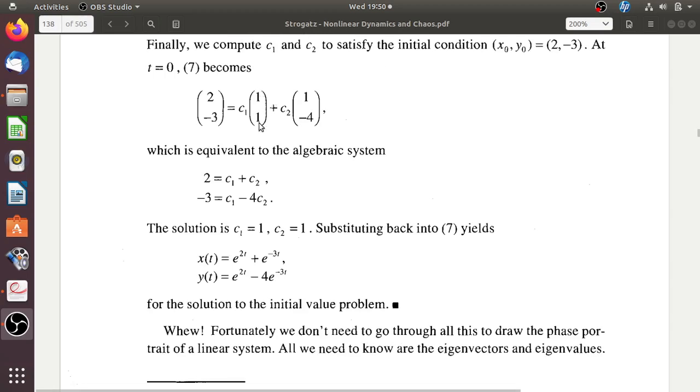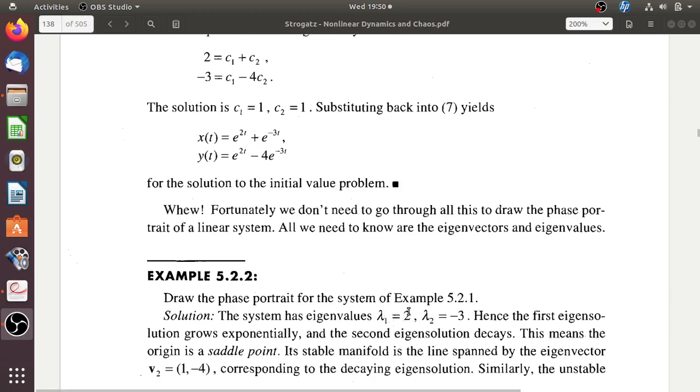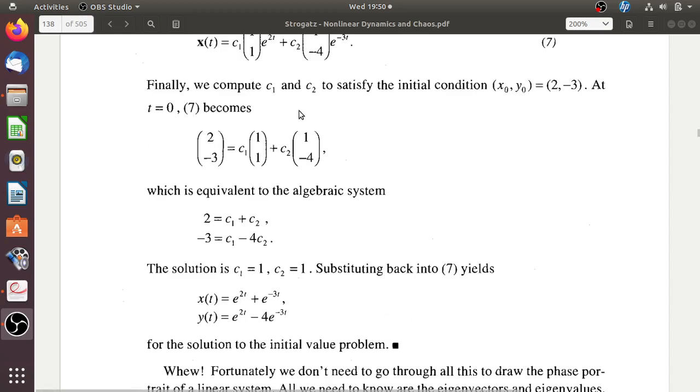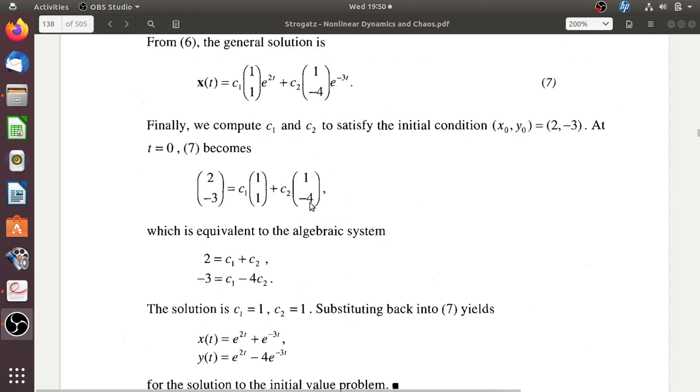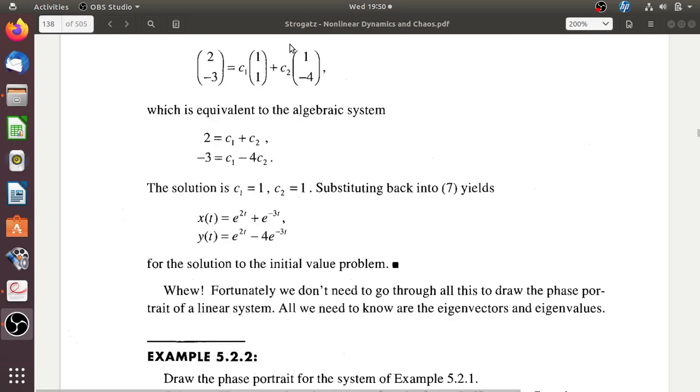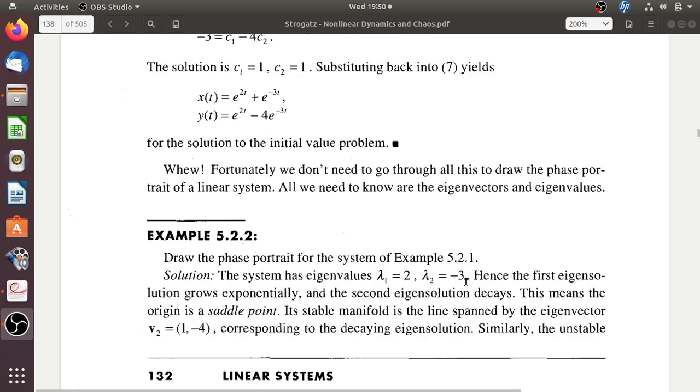Actually, along this line it's going to go away from 0 because it's going to grow; the lambda value is positive. But how about for this one? If the initial condition falls on this one, then it's going to decay because the lambda value is negative. So in one direction it's going to grow and in another direction it's going to decay and approach 0. Then what kind of equilibrium point are we dealing with?